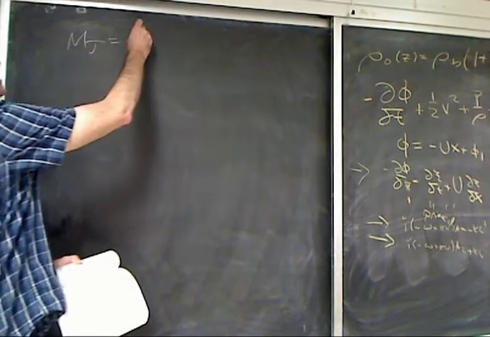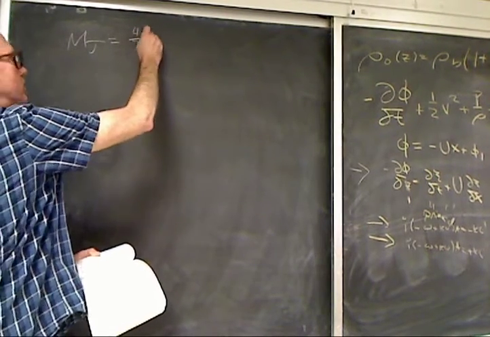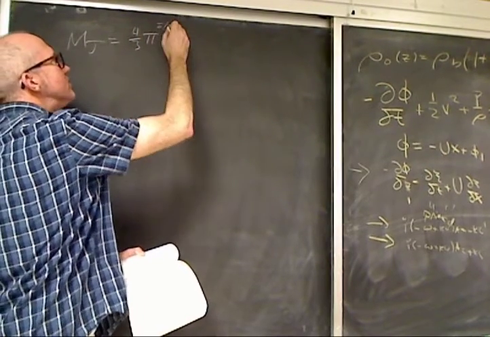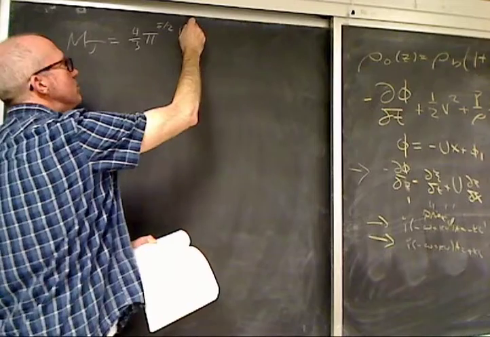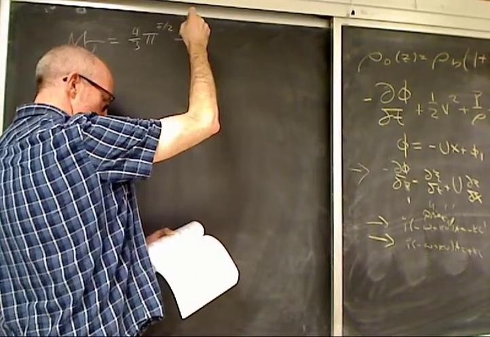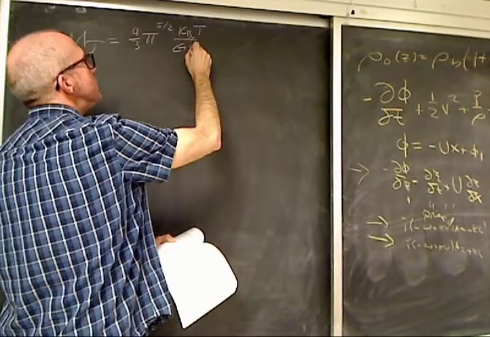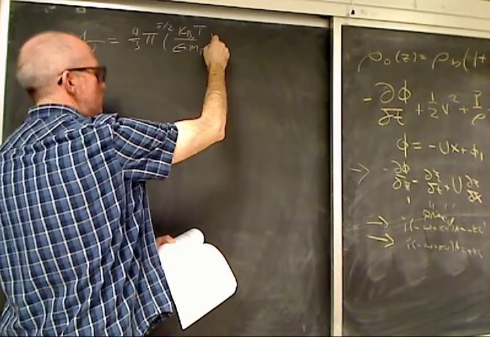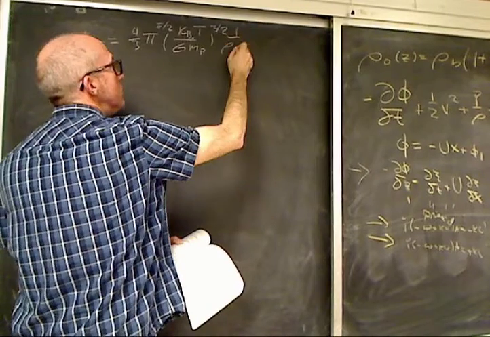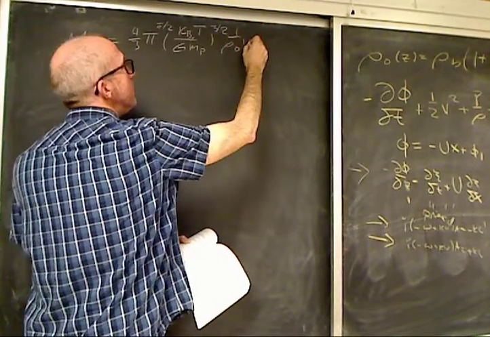Okay, so the Jeans mass, the way it is in the book, is 4/3 pi to the 5 halves. This 5 halves is the thing that is going to screw up all the time. k_B T over G times the mass of the proton to the 3 halves, times 1 over rho naught to the 1 half.